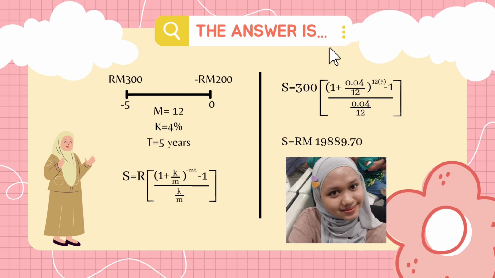So we use this formula is S equal to R, open bracket, 1 plus K divide with M, close bracket, power of minus MT, deduct with 1, and divide by bracket K divide M. After that, we replace the formula with the information that we get from the question. Next, we need to calculate the bracket first, and we will get the S, or the total amount, which is 19,889 ringgit and 70 cents.